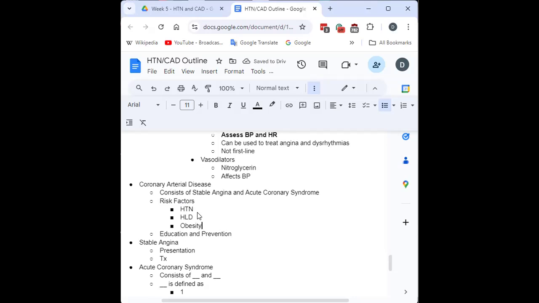Obesity, hyperlipidemia, lifestyle. What else? When in doubt, I always put one. Diabetes, for sure. Smoking, yeah. When in doubt, it's usually smoking because smoking causes everything. Smoking and diabetes, obesity. So you can see a lot of the same stuff here.